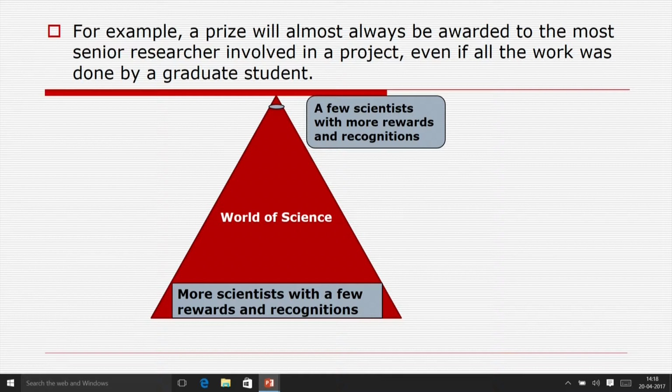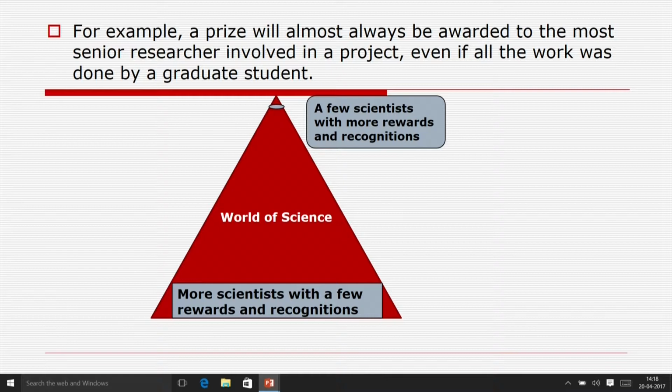If you look at the slide here, the world of science is just like a pyramid structure or a triangle, where at the lower level you will find more and more scientists with very few rewards and recognitions.